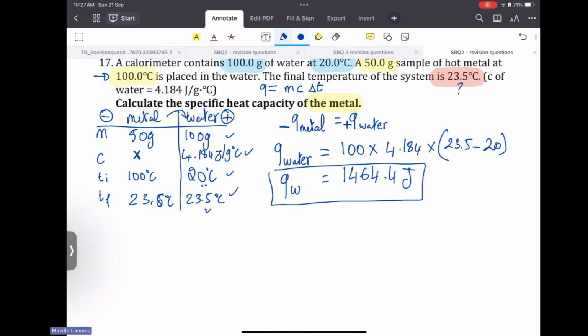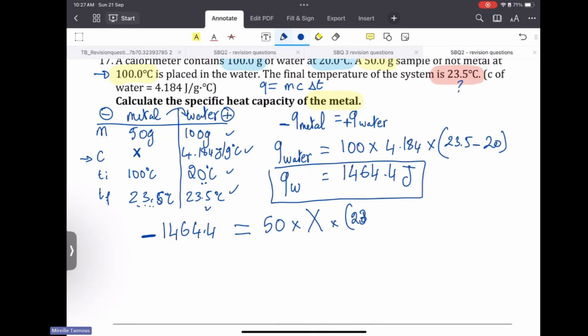Now, just like I did in the previous question, the heat gained by the water is coming already from the metal. So it's the same for the metal, except that the answer would be negative. So negative 1464.4 joule is equal to the mass of the metal this time multiplied by X, the unknown, the one that we're going to find here, multiplied by temperature final minus the initial temperature.